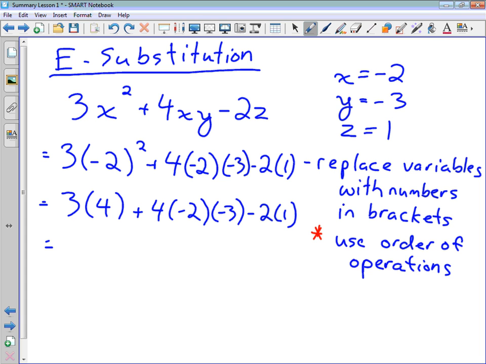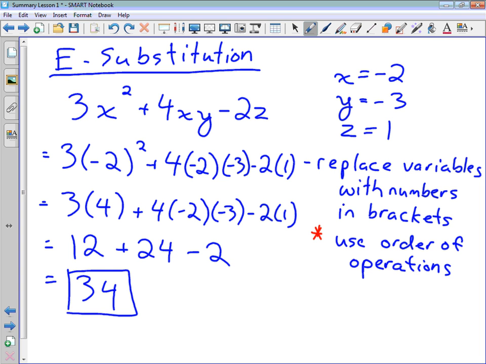Then I'm going to do my multiplication. Let's see, 4 times negative 2 times negative 3 is going to give me 24 minus 2. Make sure I'm using my integer rules there. And I add that all up, and I've got 34. And that would be my completed summary there. And so I would hand that in when I wanted to write my test.